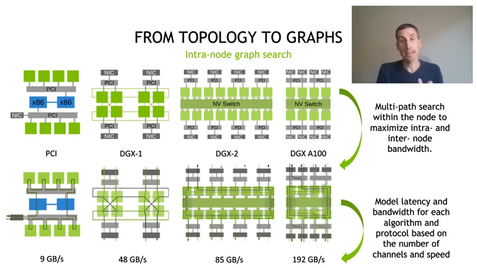And we'll try to get as many of those paths within the node that can operate independently, so that we can make them all work together and aggregate the bandwidth from those different paths, so that we can get an increased network performance. And you can see here how NVLink is important for not just intranode performance, but even internode communication.